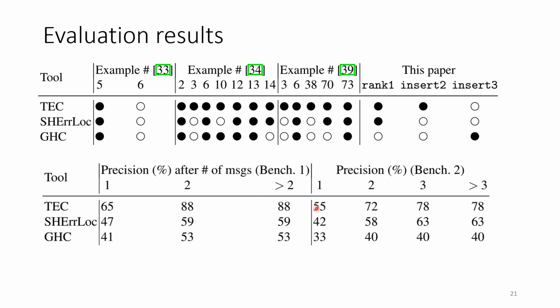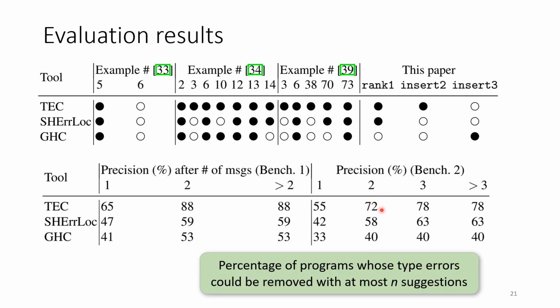And here are some statistics. Each number indicates that with a certain number of error messages, what is the percentage of type errors that can be removed. For example, here we can see that with two error messages, our approach can remove up to 72% of type errors. Again, we can see that our approach is quite viable compared with these two tools.